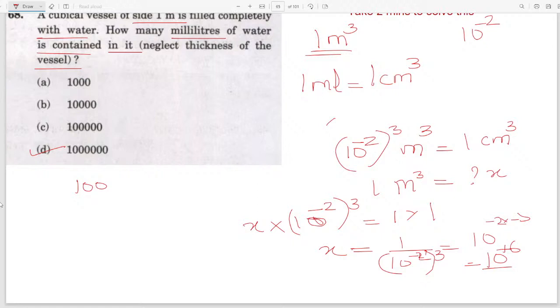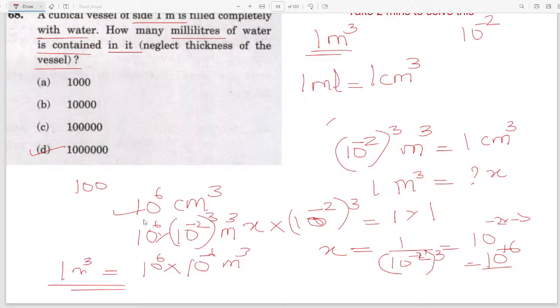I hope this is clear. People who have got option C, option A, I mean, you have to know what is deci. Deci is 10 raised to minus 1. Centi is 10 raised to minus 2.